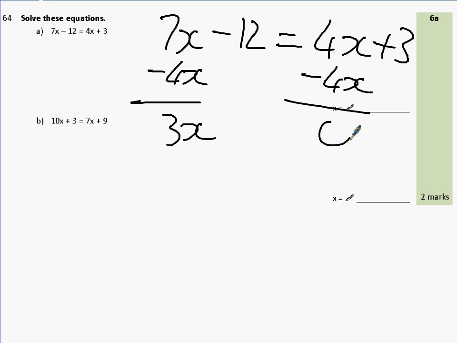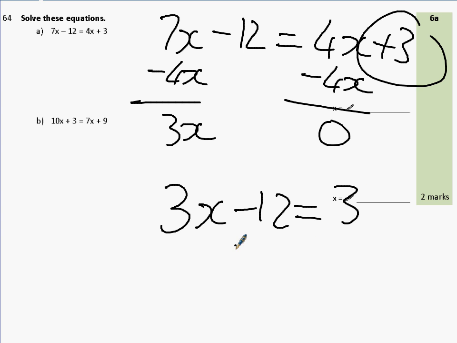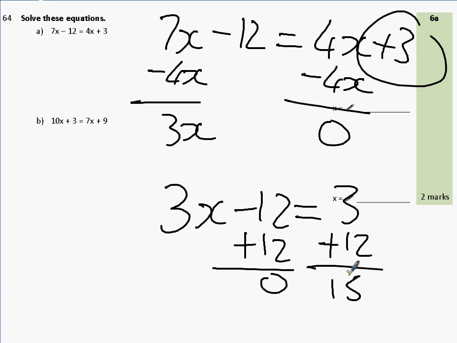You get 3x over here and 0 there. Write out what you've got left. We've got 3x take away 12 on the left hand side equals 3. So then you add 12 to both sides. That's 0, that's 15. Then you've got 3x equals 15. Divide both sides by 3 and you get x equals 5.